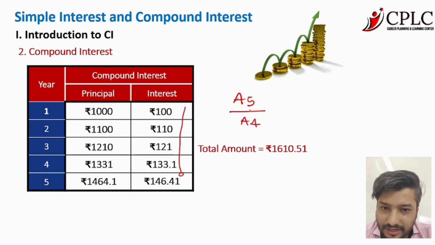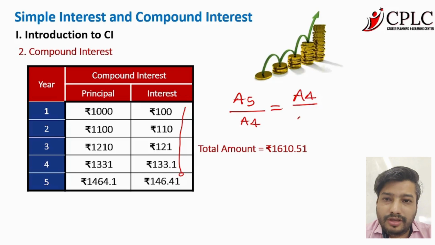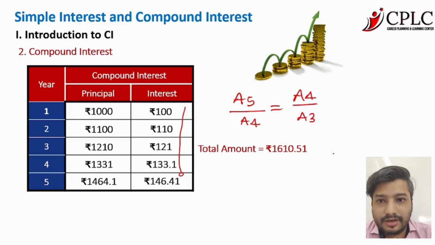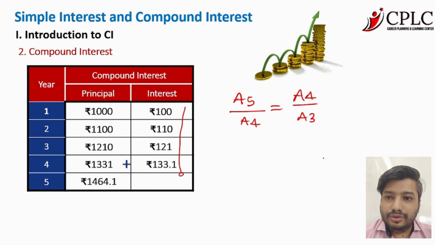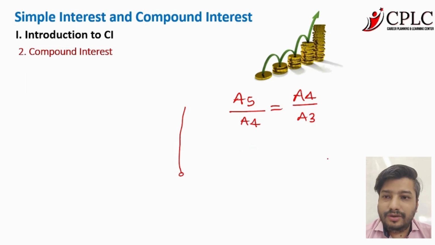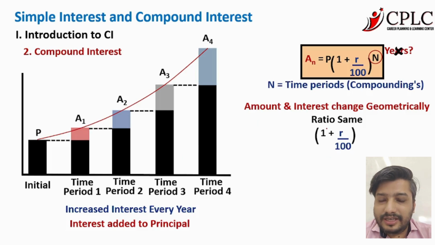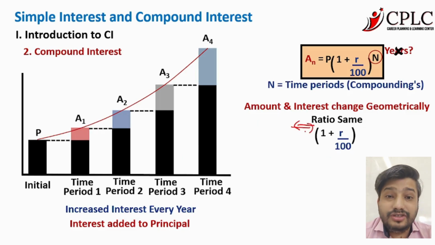Whatever this ratio is, it is also going to be the same for the amount of the 4th year and the amount of the 3rd year, the ratio. So the property is that the ratio of 2 consecutive amounts is equal. That is the idea that you will also see where they say that the ratio is the same, but you have to understand which ratio is the same.